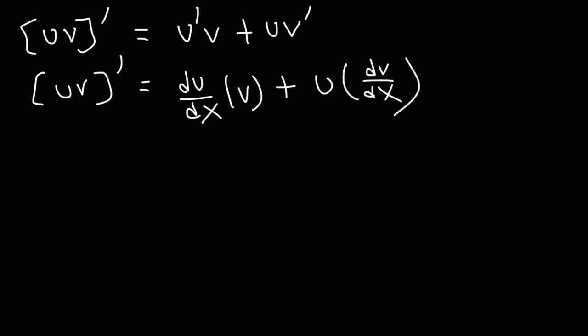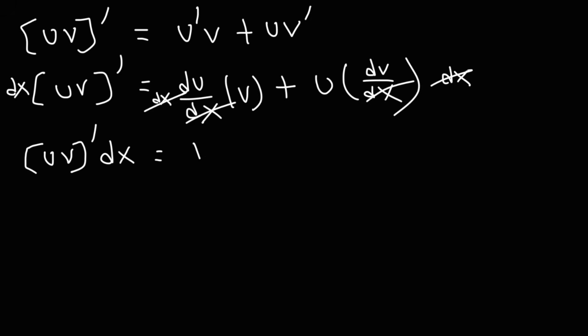So what I'm going to do at this point is multiply every term by dx. So I now have u v prime dx is equal to v du plus u dv. Now I'm going to move this term to the other side.